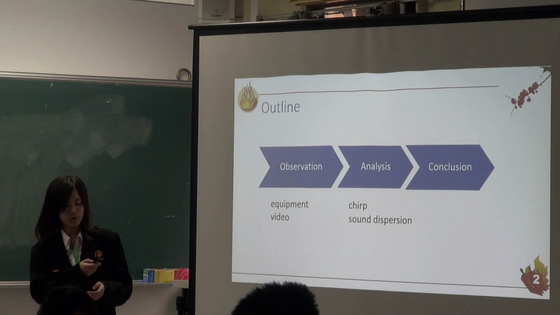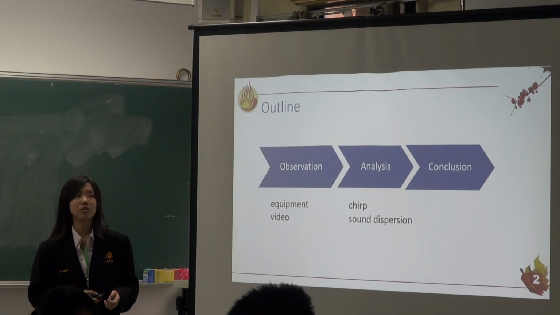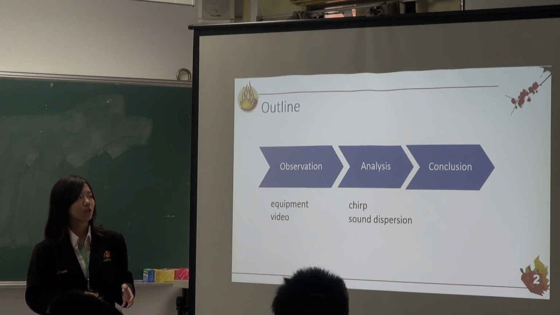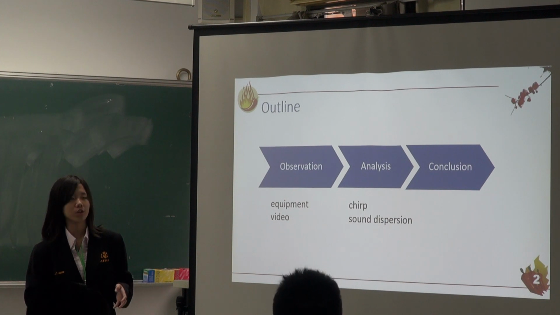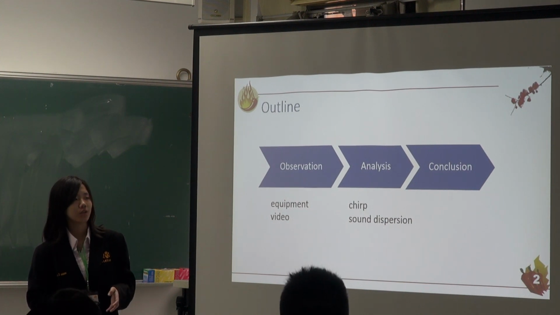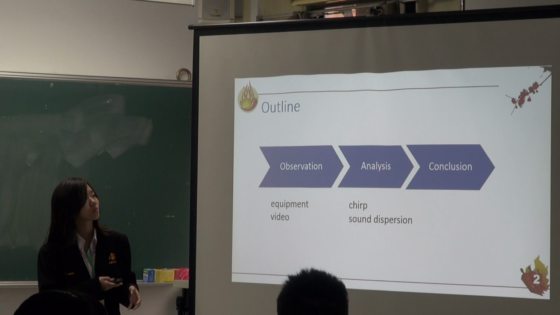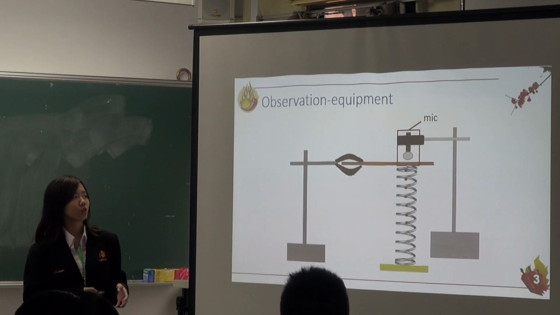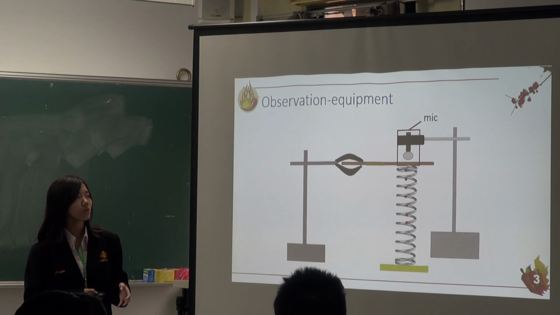And this is my outline. First I will give an observation and analysis, and I will mention a theory, chart, and sound dispersion, and finally a brief conclusion. And this is my setup. I use a shelf to fix a cover, and the cover will connect to the spring, and at the bottom of the spring will connect a rod.